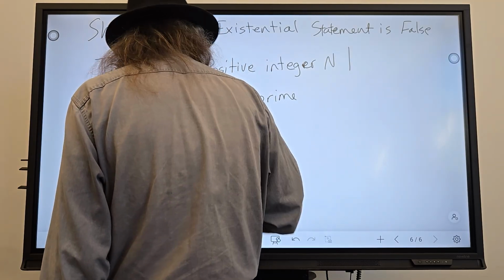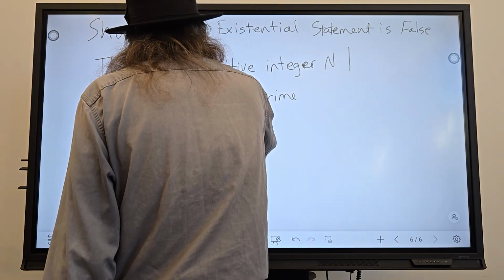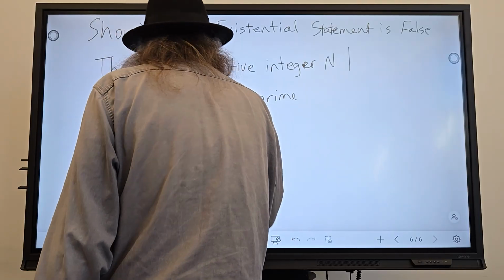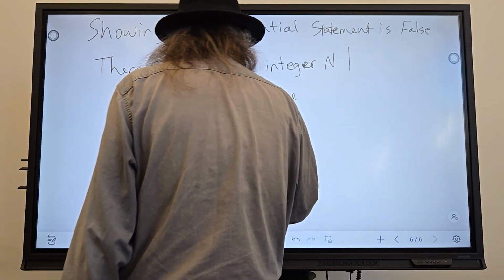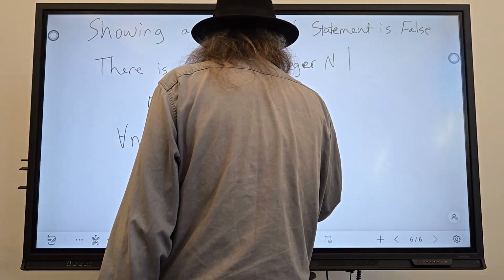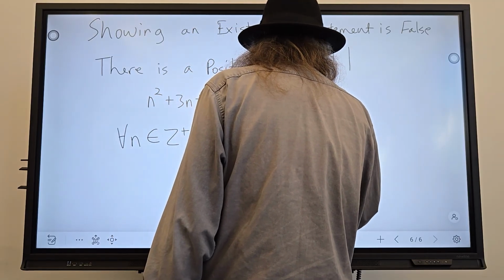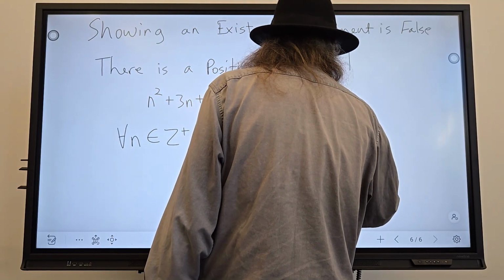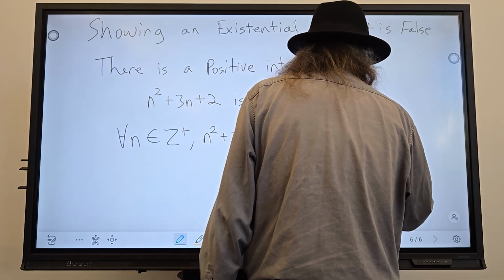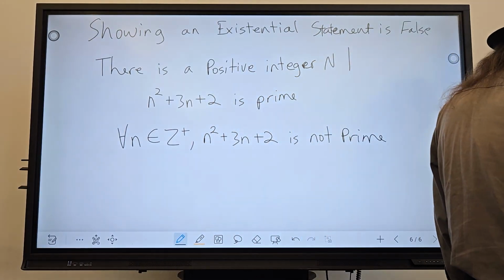Oops, I wrote that wrong. It's 3n, not 3 to the n. Okay?